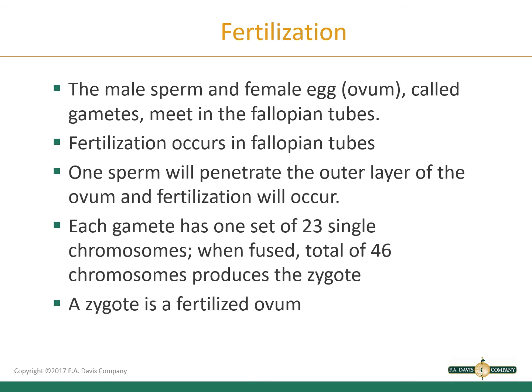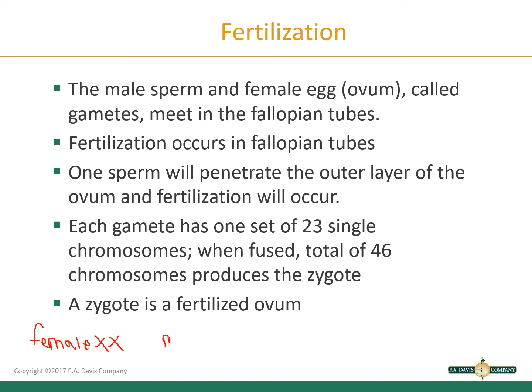The sex of the embryo is determined at fertilization. The female brings 2 sex chromosomes, XX. So for female, we got XX chromosomes.